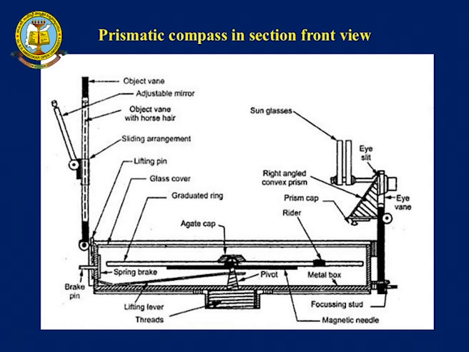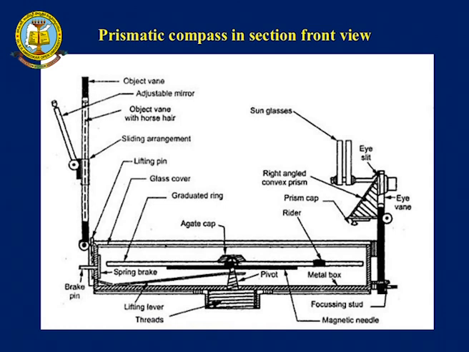Now you can observe here, this is a prismatic compass in section, front view. Here this part is called the eye vane and this part is called the object vane. In the eye vane, what we have observed, there is a prism. In the prism there is also glass, and here is the opening of the prism.